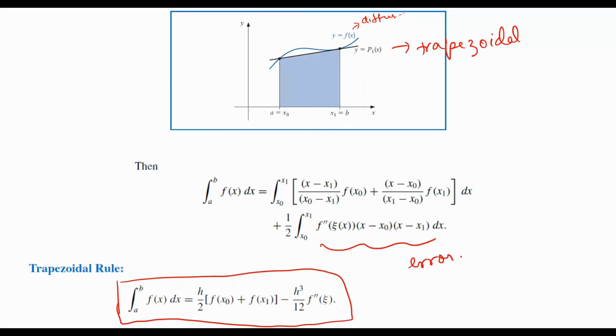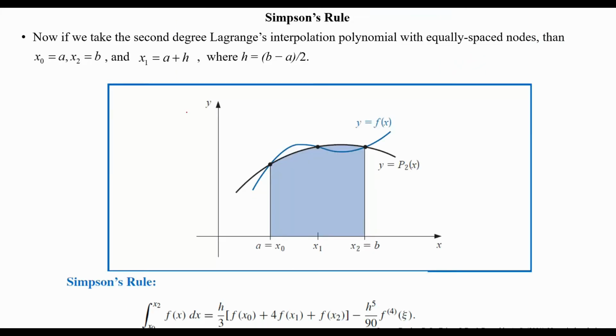Now if you increase the points, like if you take the second degree Lagrange interpolating polynomial with equally spaced nodes, what you get is Simpson's rule. In the figure you can see that rather than using 2 points, I used 3 points and I get a polynomial of degree 2 for approximating this f(x), whose integration is a difficult task.